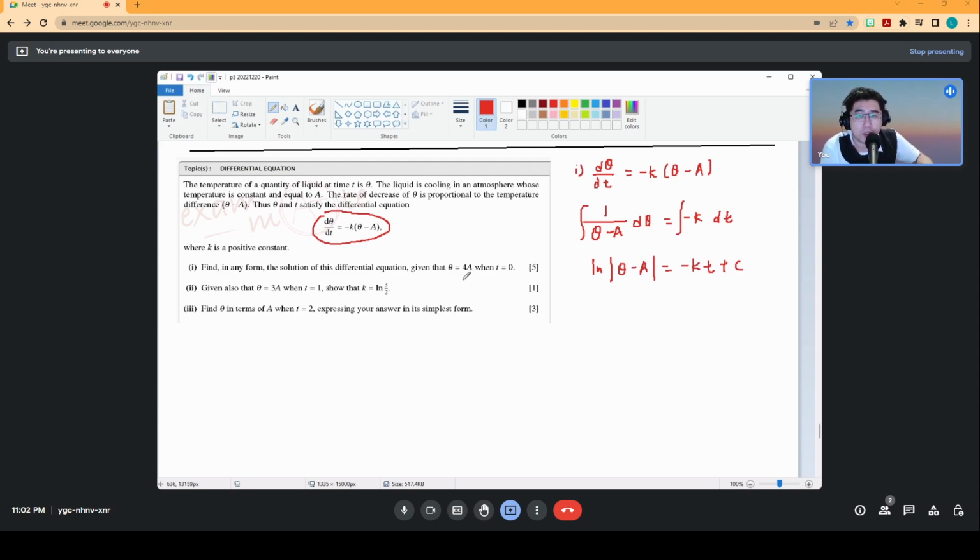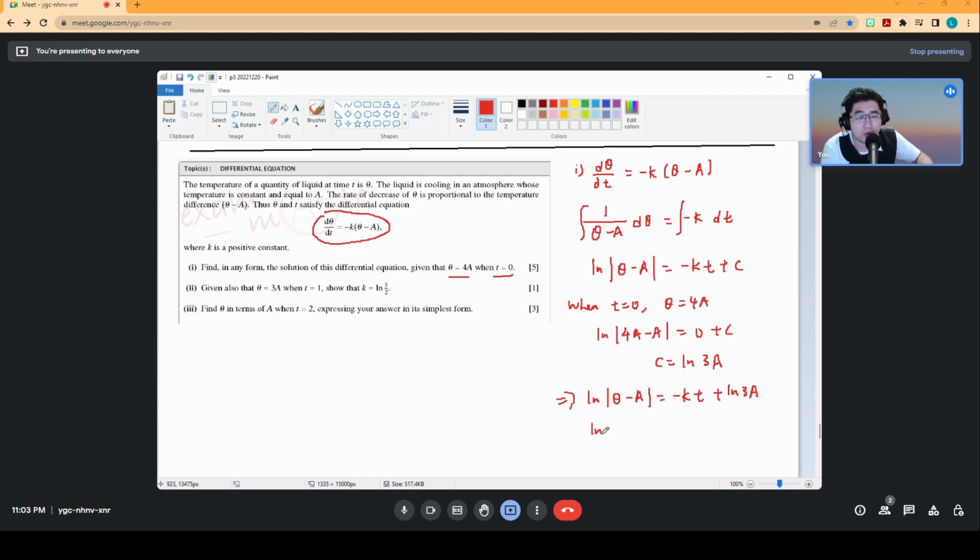By using the information given, when t equals 0, theta equals 4a. Let's put it in. ln of 4a minus a equals 0 plus c, so c equals ln of 3a. Put the c in: ln of theta minus a equals negative kt plus ln of 3a.